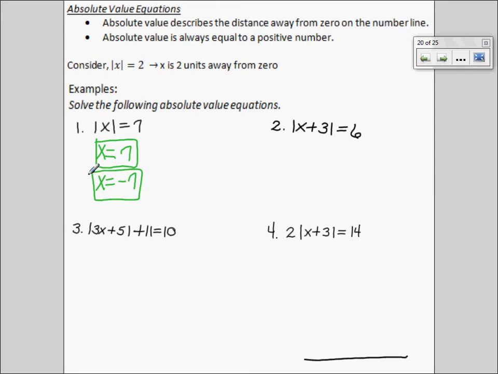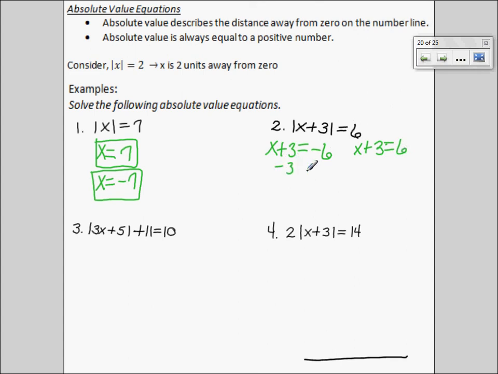Okay, with number 2, the absolute value of x plus 3 will equal 6. So what you simply do is break it into x plus 3 equals the possible negative 6, and x plus 3 equals the possible positive 6. And then you solve for the variable.